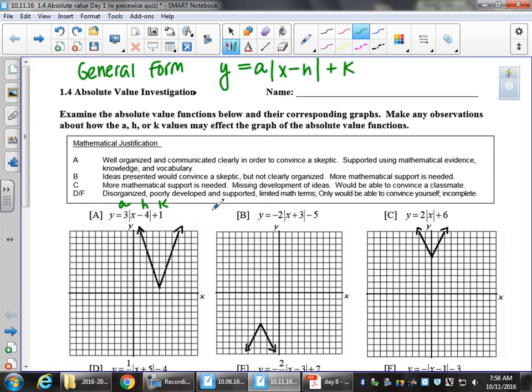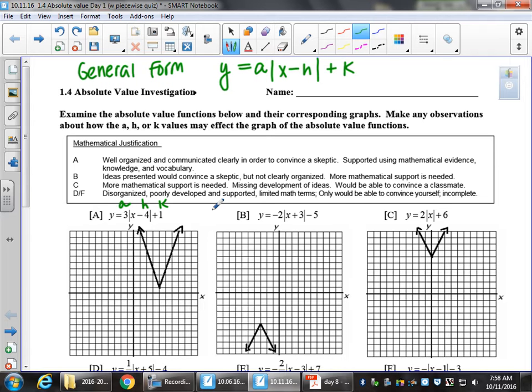Find some connections. There's space on the back, or you can write it on the side, or in your notebooks, wherever you choose to write it. So, your task is to figure out how these equations and these graphs are connected.